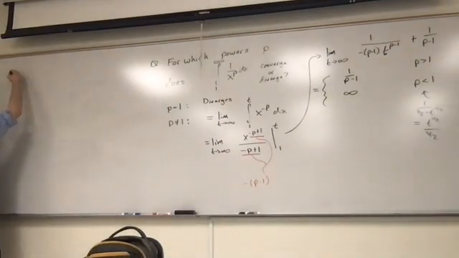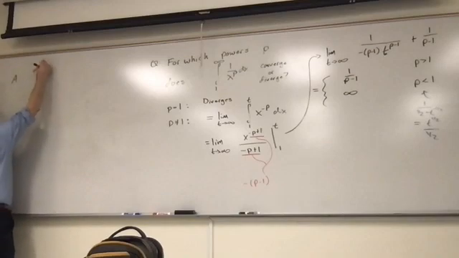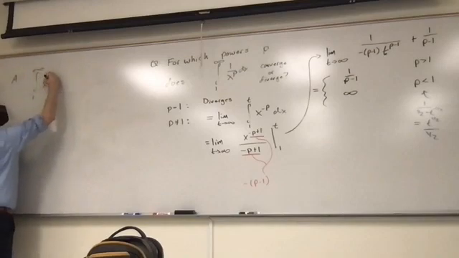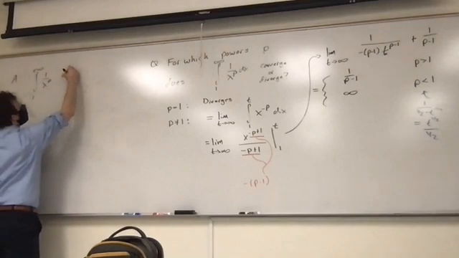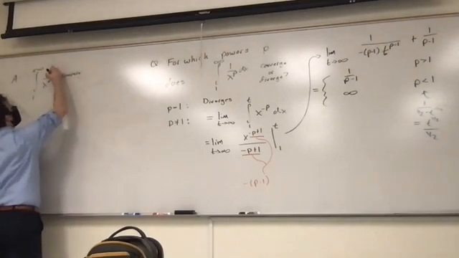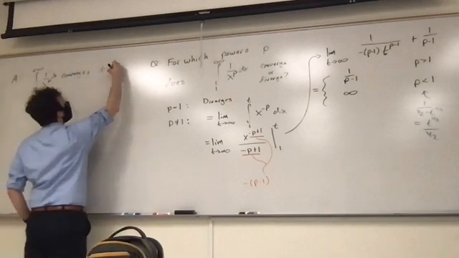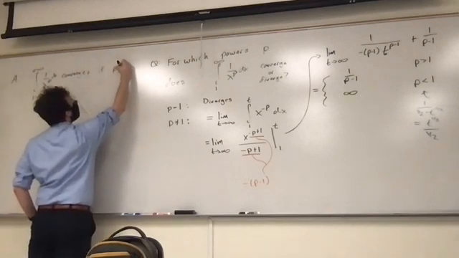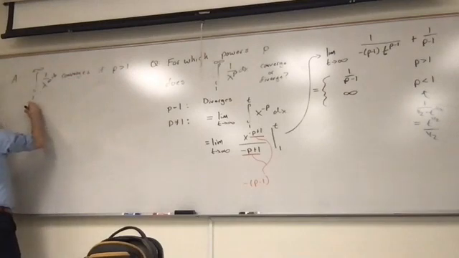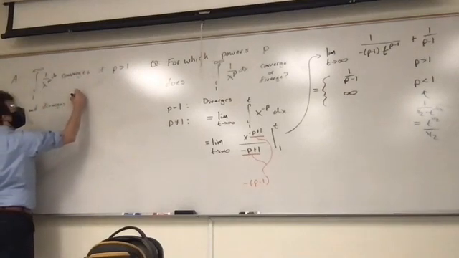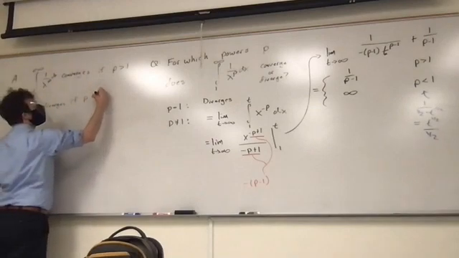Then the answer is that the integral from 1 to infinity of 1 over x to the p dx converges if p is greater than 1 and diverges if p is less than or equal to 1.